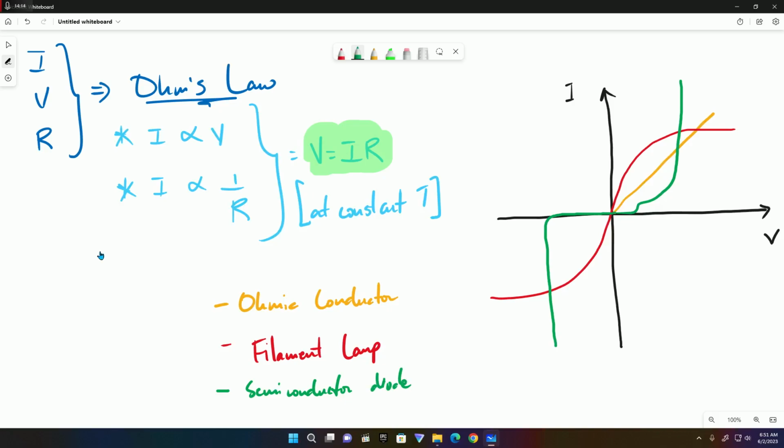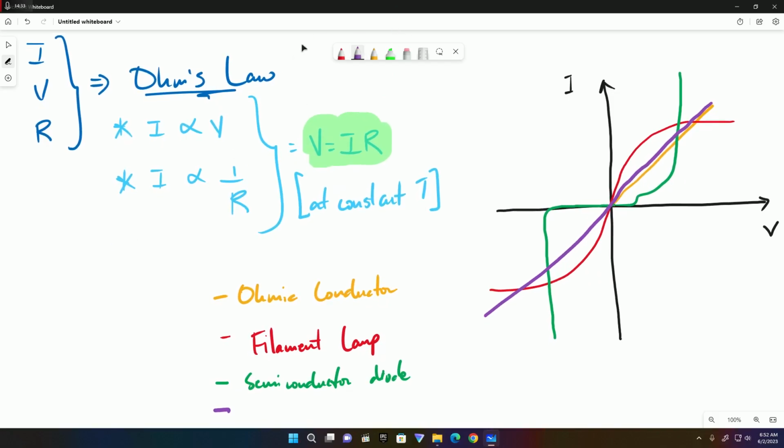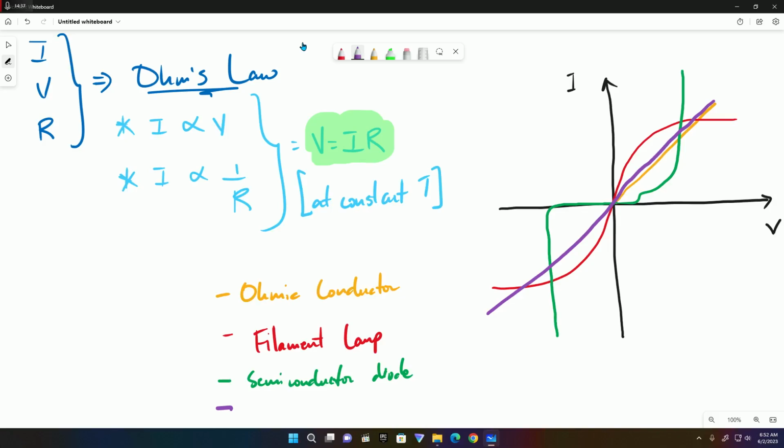And finally, we have, I think it's copper sulfate solution, and this also is a straight line through the origin but extending over here as well. It's copper sulfate solution. And these are the four IV characteristics the syllabus says you must know.